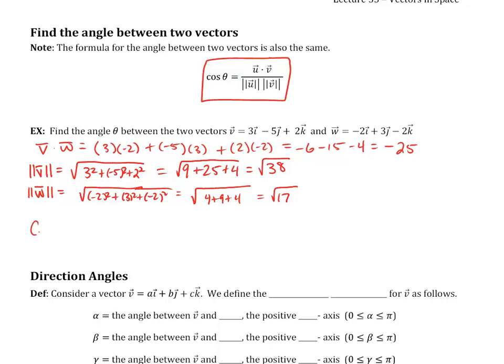So cosine of the angle between v and w is v dot w here, right? I'm using this formula up here. v dot w is negative 25 over square root of 38 times square root of 17. So I plug that into my calculator.